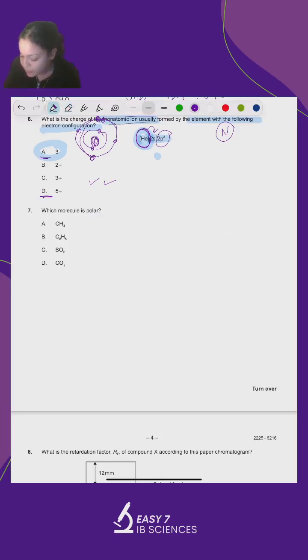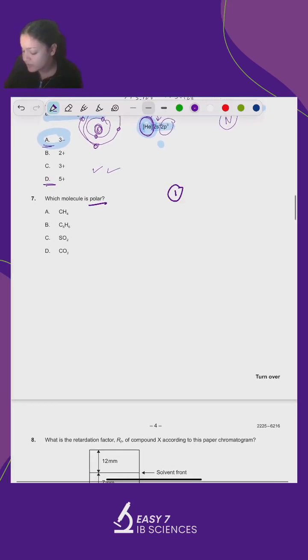So what is polarity? Polarity, by definition, means that there are always 2 conditions that you have to fulfill. Number 1, the molecule has to have unequal charges within the bonds. What does that mean? It means the bonds themselves have to be polar. The molecule must have polar bonds to be considered polar.